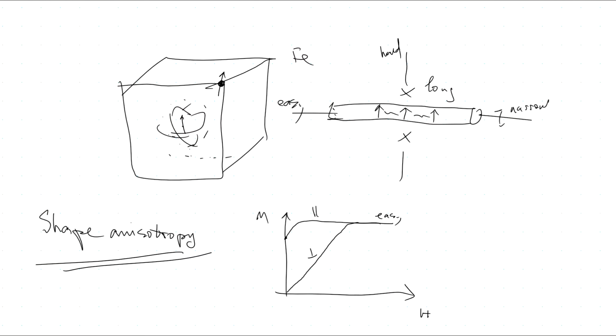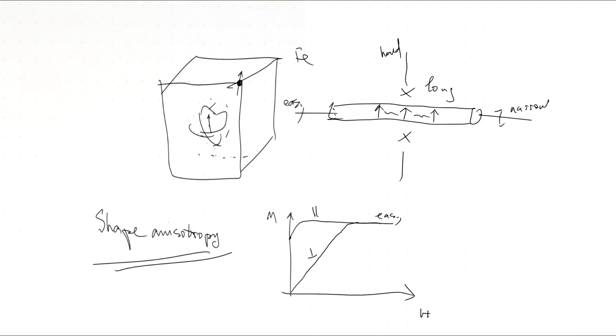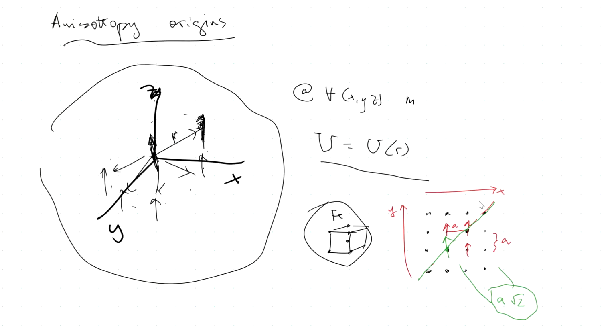Of course, shape is one thing, but if you go to crystalline anisotropy, then if you remember, we would have exchange at the atomic level.